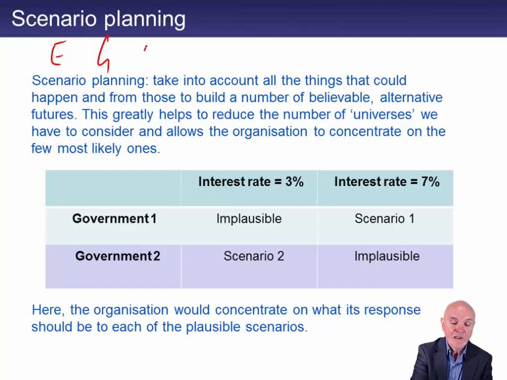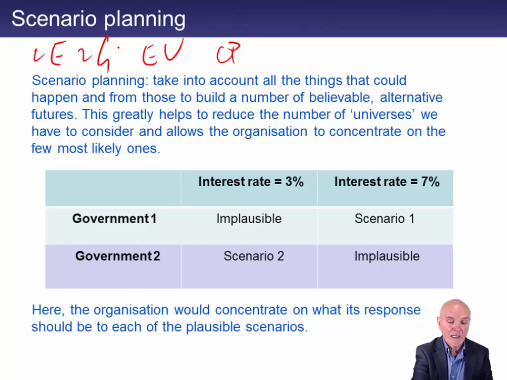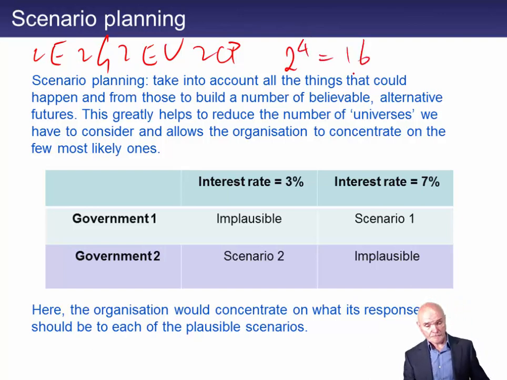Let's say we're in the EU or we're out of the EU. Let's say we have a high oil price, low oil price. So each of those is up and down. Each of these has 2 outcomes there. And if you've got 4 variables, each with 2 outcomes, you've got 16 permutations there.